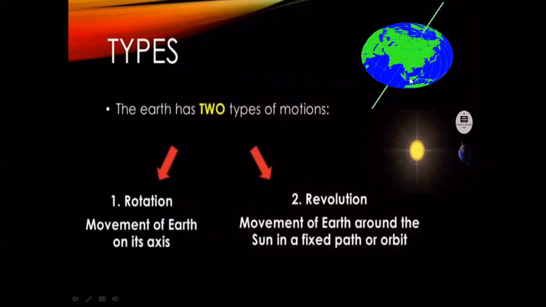This is an imaginary axis. The earth rotates on one place only. It just rounds and rounds, performing the movement on its own axis.